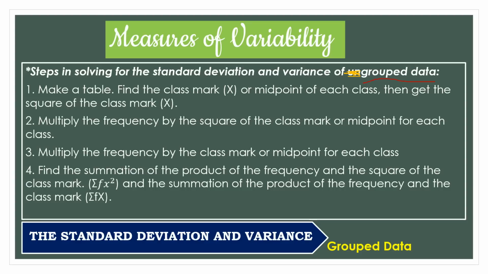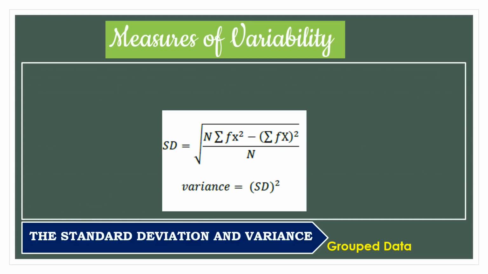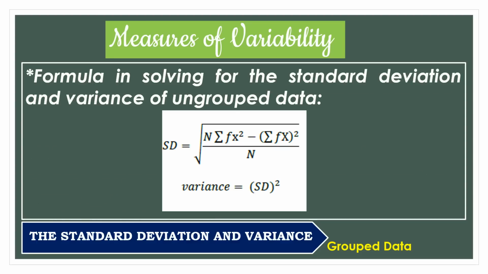Then step 4, find the summation of the product of the frequency and the square of the class mark, so the sum of the product of the frequency and the square of the class mark. Here is the symbol, and here is the symbol for the other one. And of course, for the fifth step, we solve for the standard deviation using this formula.